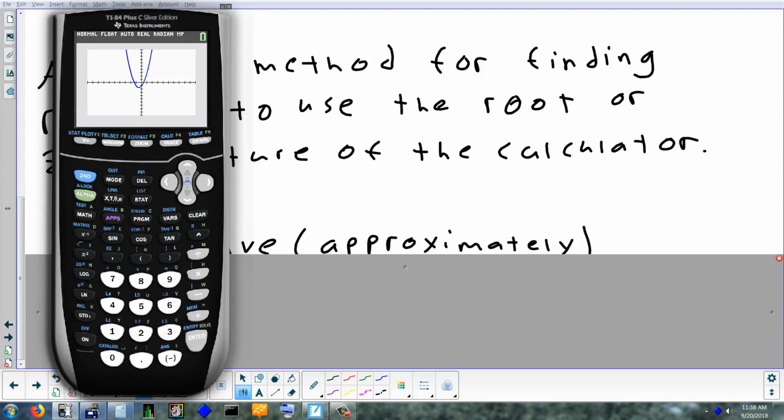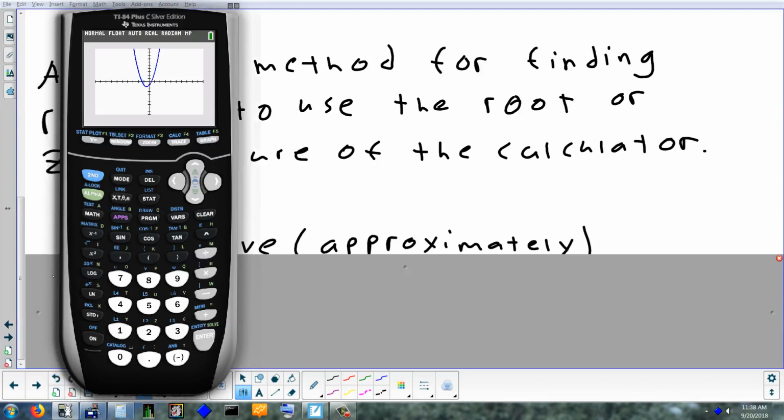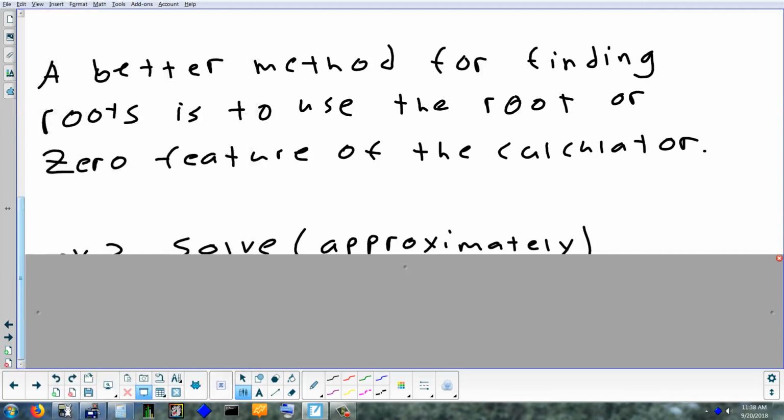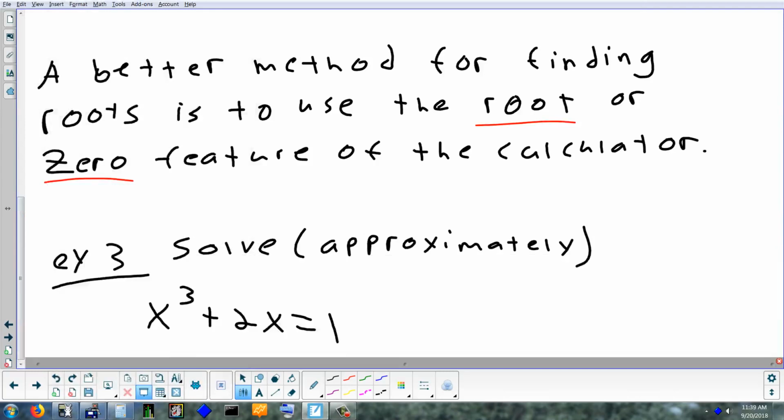So now we can just use second calc. Sometimes it's called 0, sometimes it's called root. Depends on the calculator, how new it is, what brand it is, things like that.